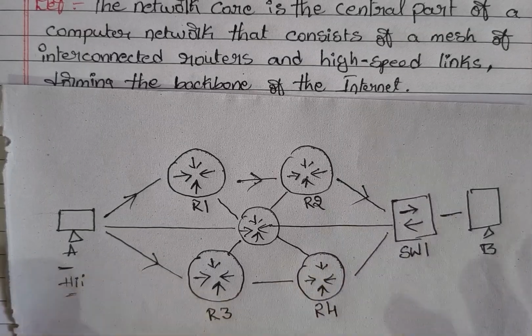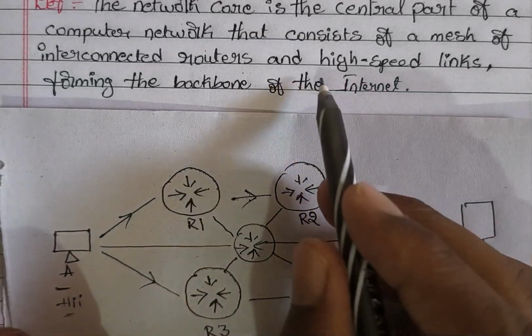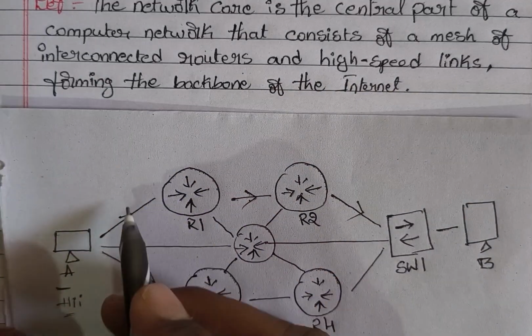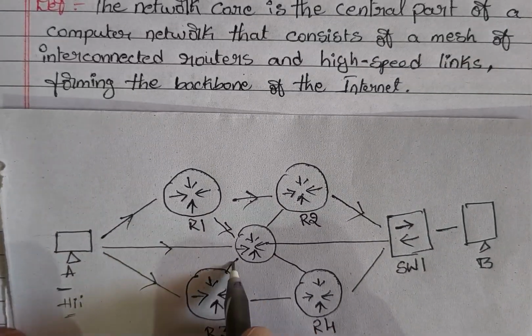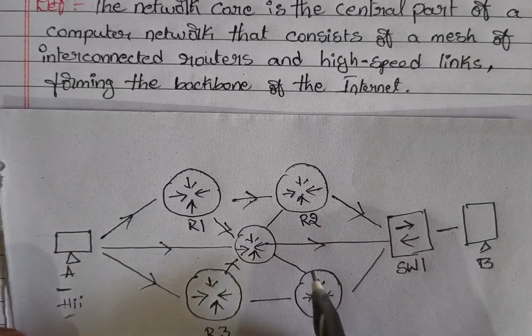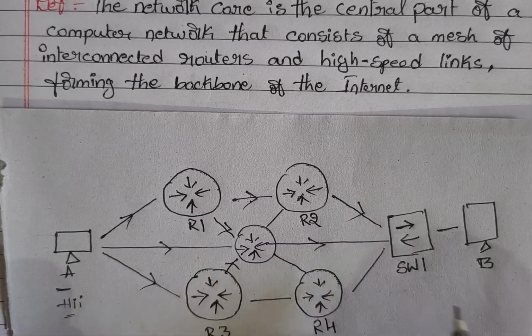It can connect to any devices. And high-speed links: these are all the links, the arrow marks here, right? By these links only, the data will be forwarded from one node to another node.